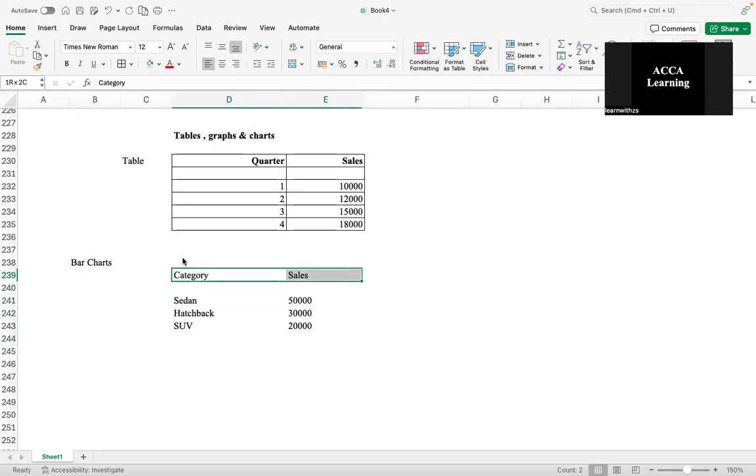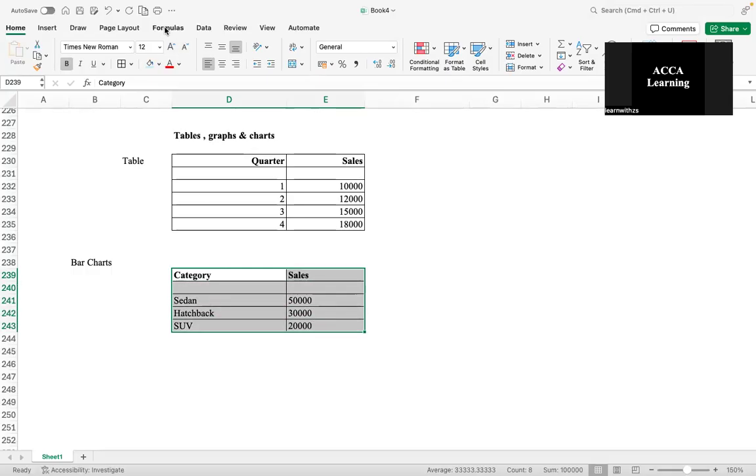Now, first and foremost, I convert this into a table. After I convert this into a table, what can I do? I can now show this on a graph known as a bar chart.